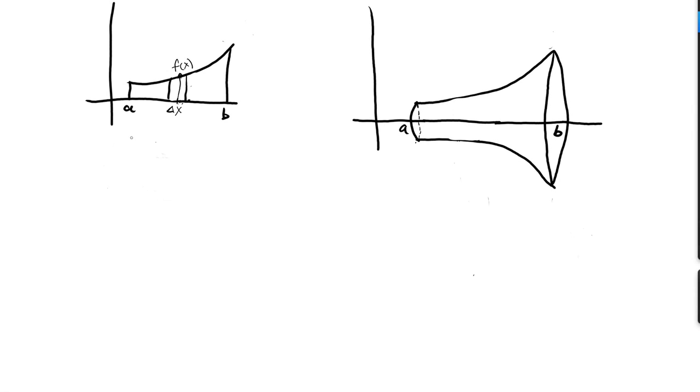If we add up all of these slices, we get something that approximates the area. And if we let the number of slices go to infinity while delta x goes to 0, we end up with the definite integral. That is our definition of the definite integral, and it represents the area under the curve.